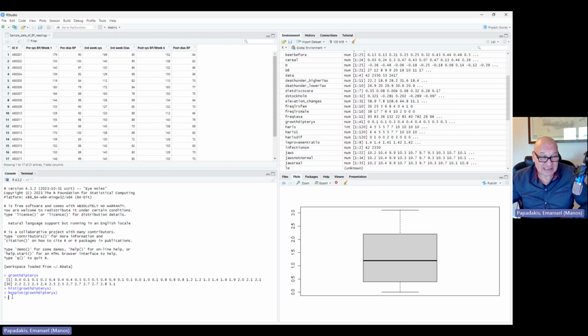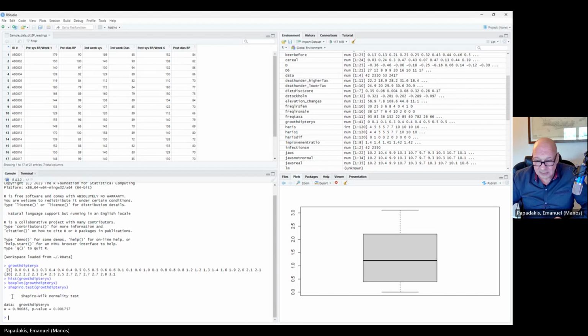Unfortunately, the truth is that it is too bad. So bad that if I do the Shapiro-Wilk test, which is this command, the Shapiro-Wilk test gives me a p-value of 0.001, very small.